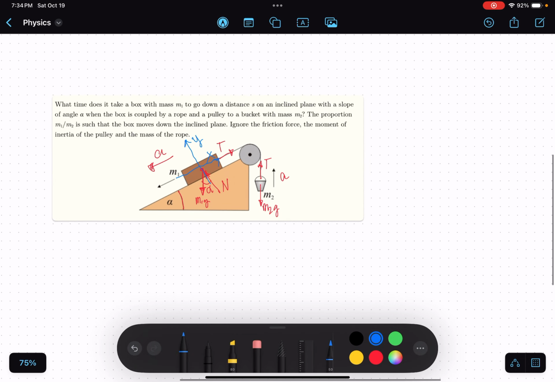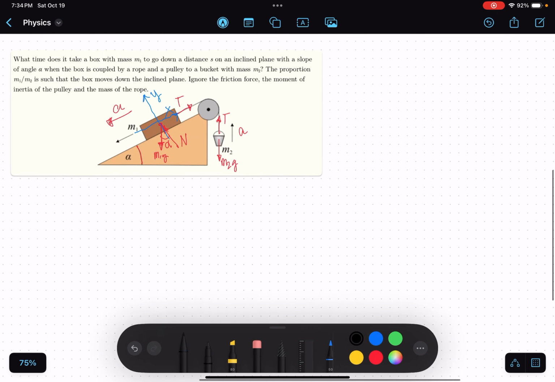So, let's try a free body diagram of the FBD at block. Okay? So, ito yung block going downward. Ito yung incline na meron kang alpha.